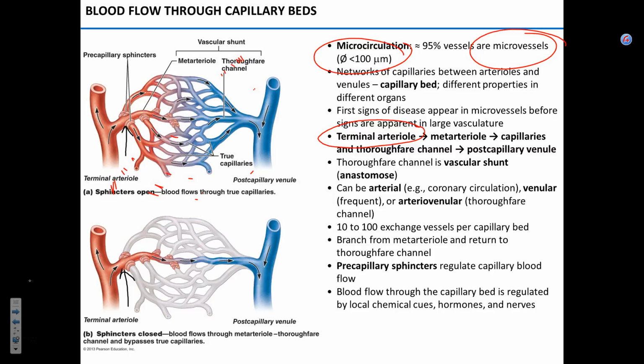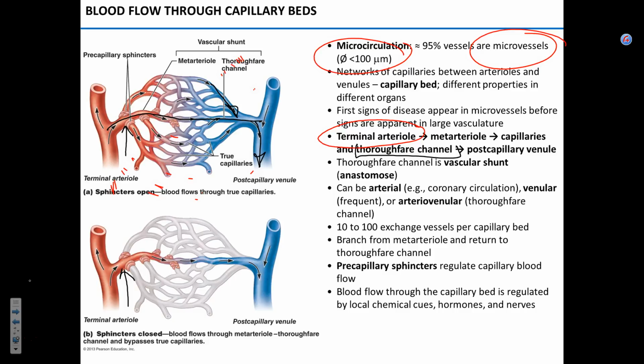From the capillaries, blood goes into the postcapillary venule, and then it is collected by bigger vessels. You probably noticed that I didn't mention the thoroughfare channel. It's the direct communication from the terminal arteriole to the postcapillary venule.